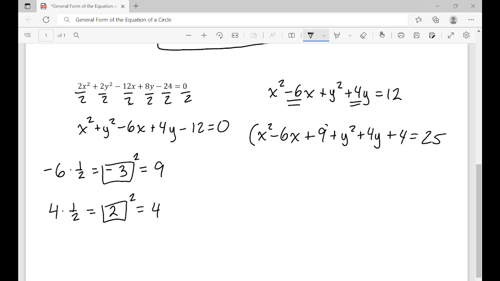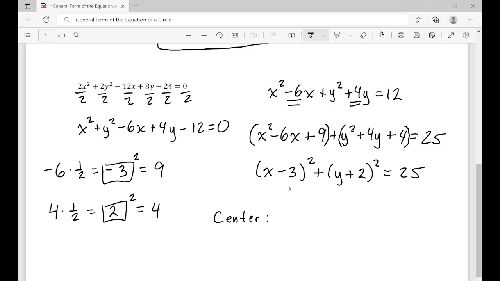And now I'm going to group the first 3 and the last 3 and factor each parentheses, which again is going to be squared, so x minus 3 for this one, and then y plus 2 squared equals 25. And again, to find out what my center is, my h and k, in this case, h is 3, and k is going to be negative 2. And my radius is going to be 5 again.